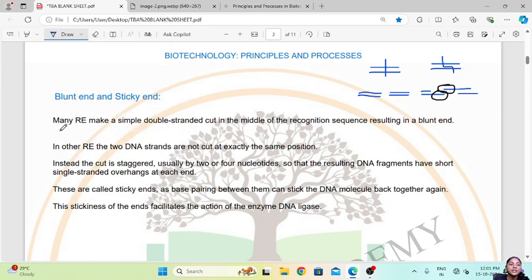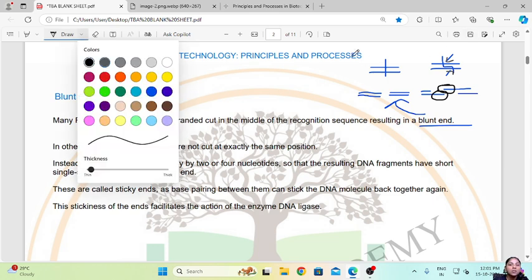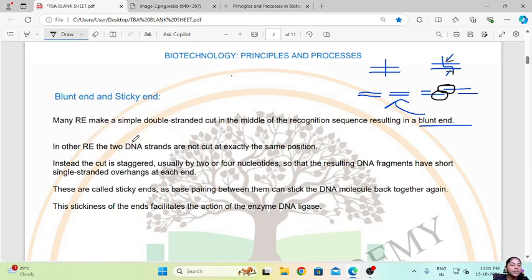Now many restriction enzymes make a simple double stranded cut in the middle of the recognition sequence, resulting in a blunt end. So as we can see, this is the blunt end. Then in other restriction enzymes, the two DNA strands are not cut exactly at the same position. So one strand is cut over here, whereas the other strand is cut some distance away.